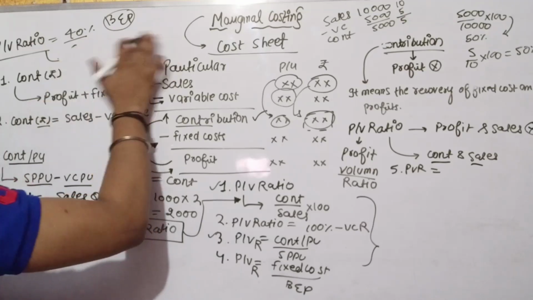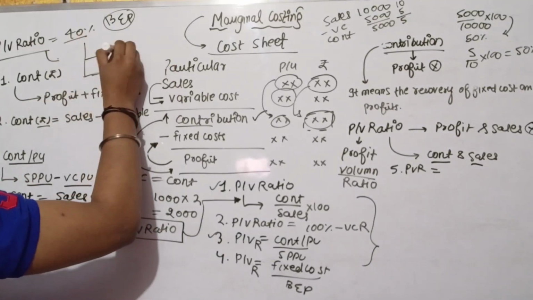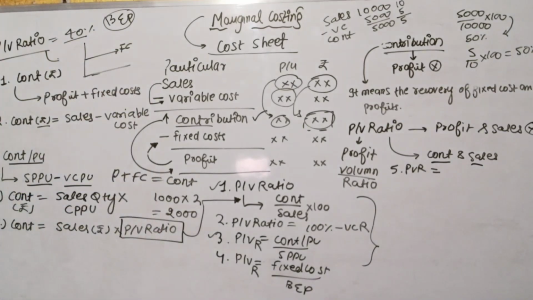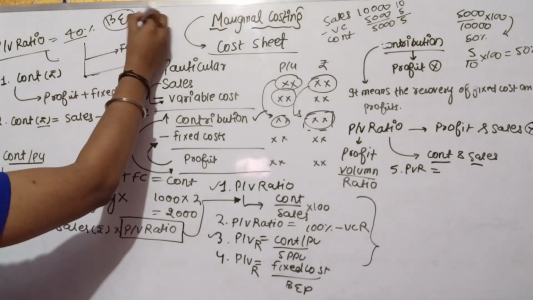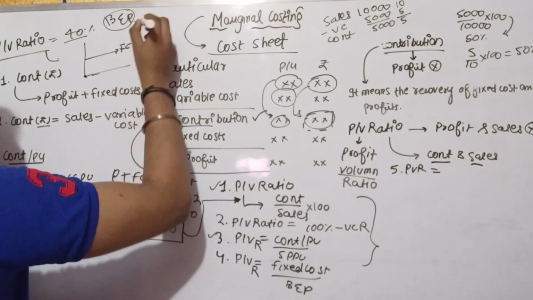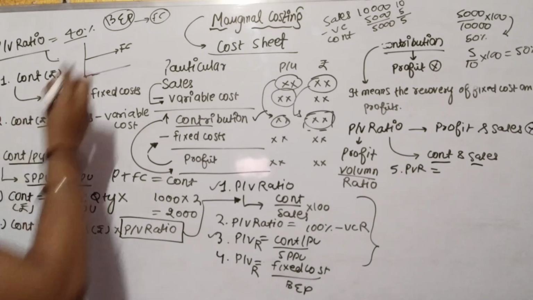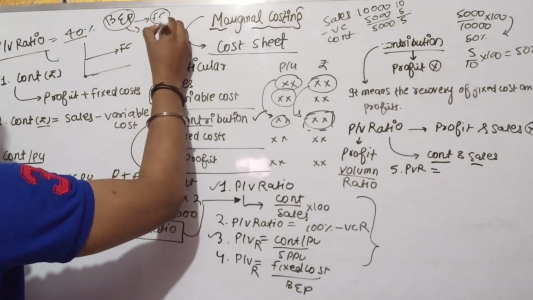Let me explain it with the help of a graph. Suppose this is a fixed cost. Now BEP means the point of sales where you are only able to recover your fixed cost. At BEP you are only able to recover your fixed costs. It means it is a situation of no profit, no loss.